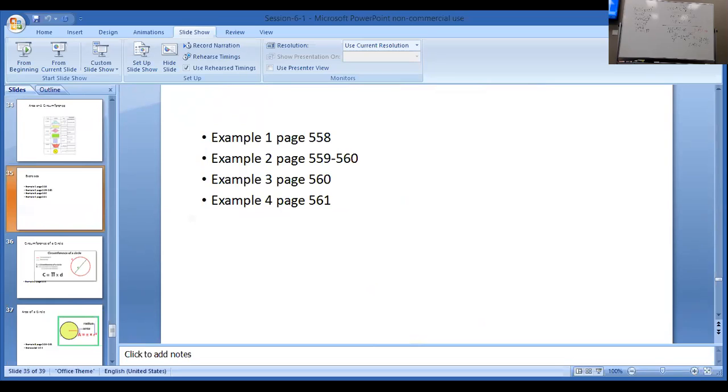The area would be the top rectangle, 16 feet times 3 feet, which is 48. The smaller rectangle is 6 feet times 3, 18. So 48 square feet plus 18 square feet, we add them up and we get the final result, 66 square feet.